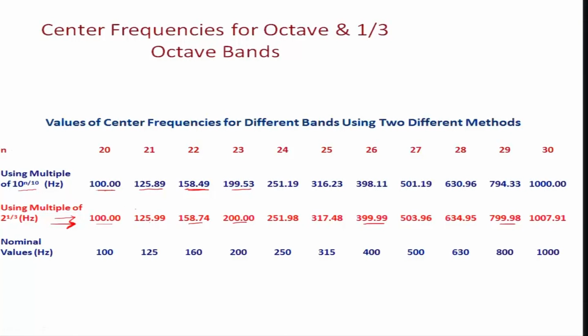When you compare these two sets of numbers, some are exactly the same and some are slightly off. These numbers are very close to each other. It just happens like that.